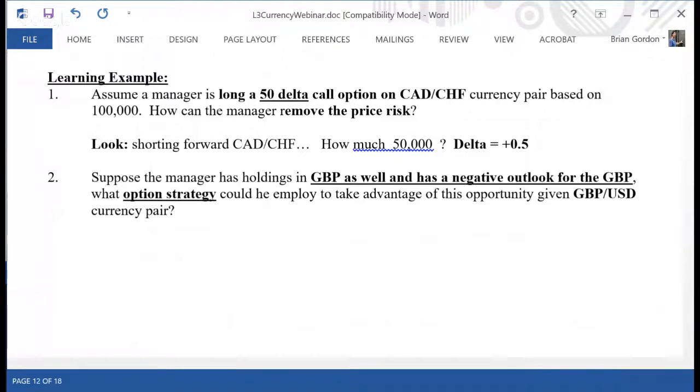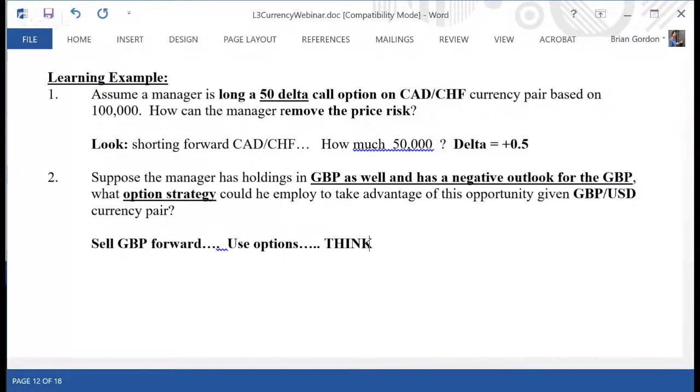Are you thinking, well, okay, we want to definitely sell the British pound forward. Oh, well, great. Well, we're not using forward contracts. We want to use options. So when we want to sell something, what do we think about?